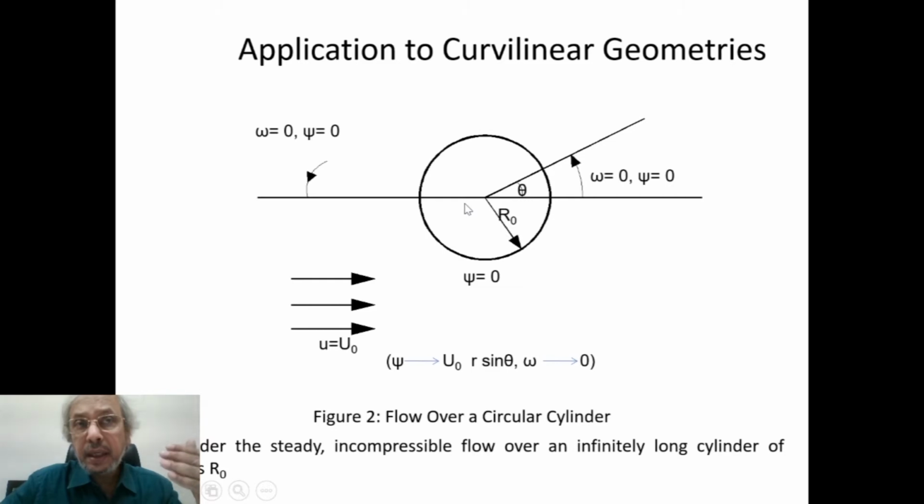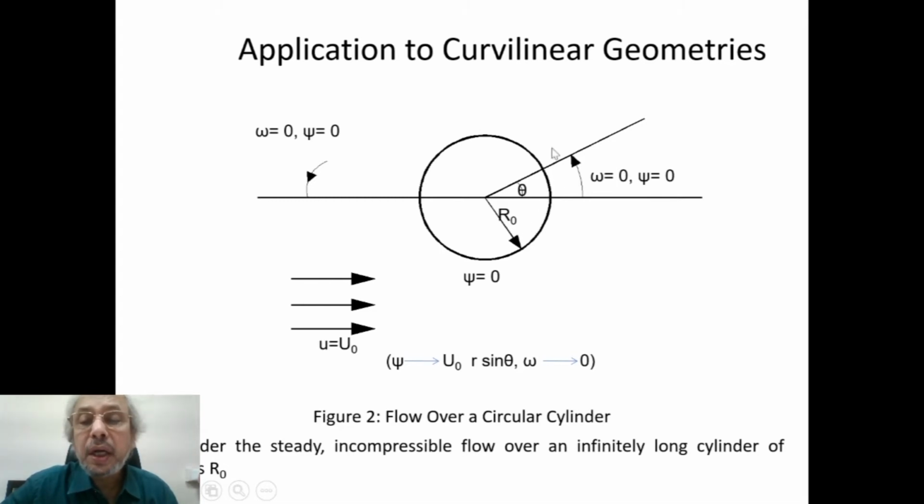At any cross section of the cylinder, we can get the solution plane, and the solution is valid on that. And on this line, since this is a symmetric line, psi equal to 0, omega equal to 0.